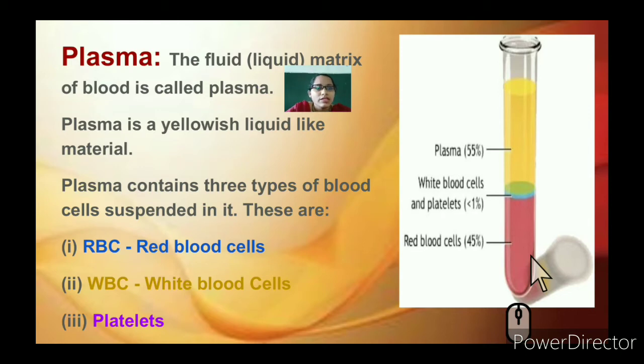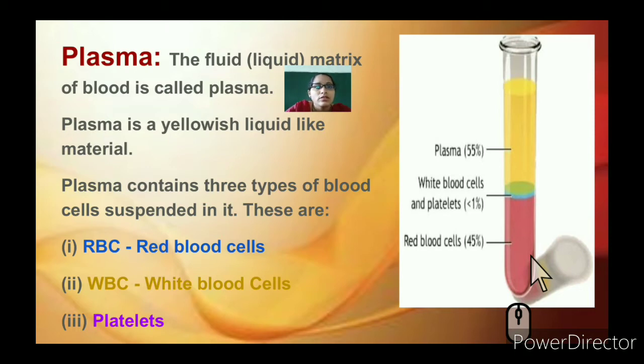So what is plasma? You might have heard in recent days about plasma being used for therapies for the coronavirus. This plasma is filled with antibodies.